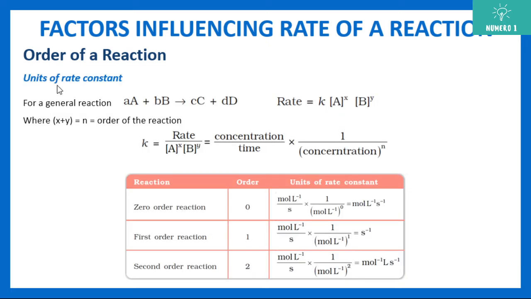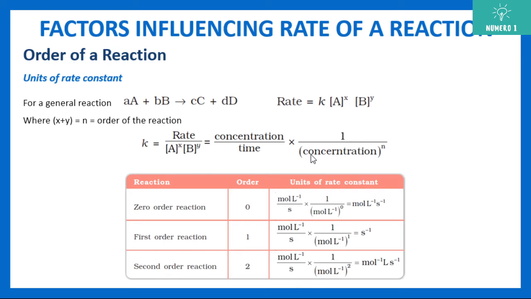Let's talk about units of rate constant. If you remember, this was the general reaction, A plus B gives C plus D. So rate was equal to k A raised to x B raised to y. So k can be written as rate divided by A raised to x B raised to y. Now we know that rate of the reaction is expressed in concentration per unit time. And x plus y, let's say that is equal to n, which is the order of reaction.